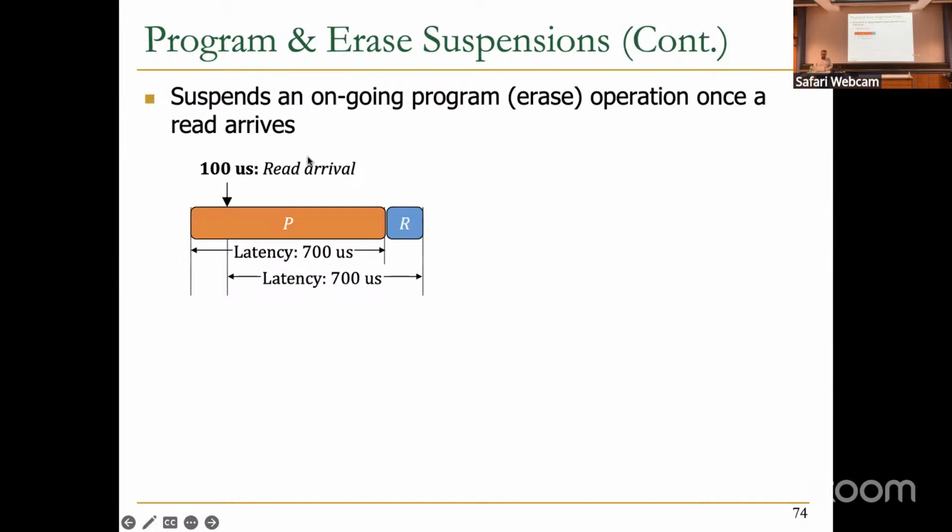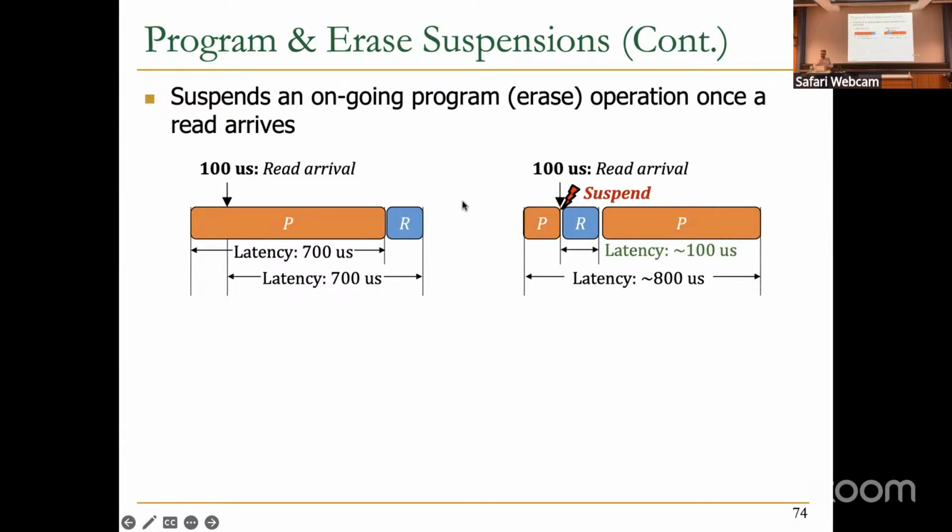once a read arrives. So here in the example, we have a program going on, and then we need to do a read. For the program, we are spending 700 microseconds, and for the read, we need 100. So the read arrival is at this position. So now the latency that the read is experiencing is also 700 microseconds.